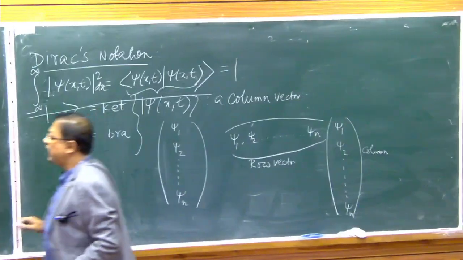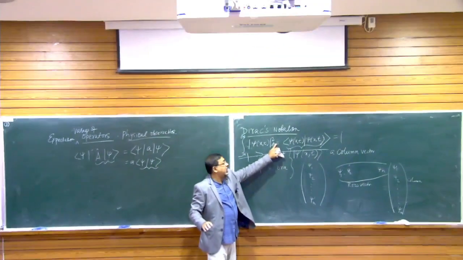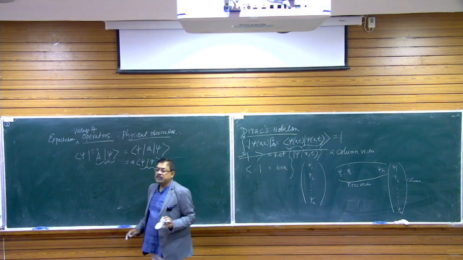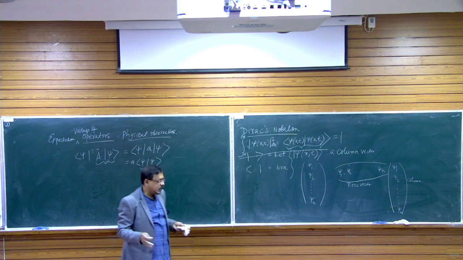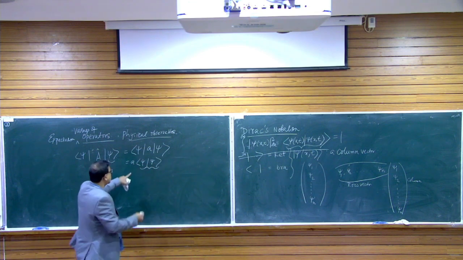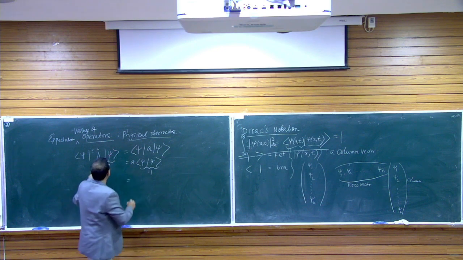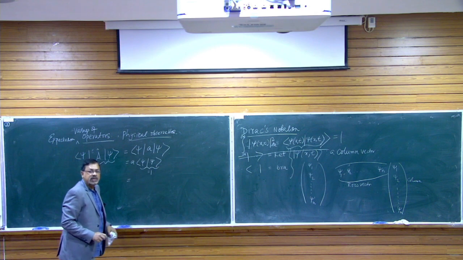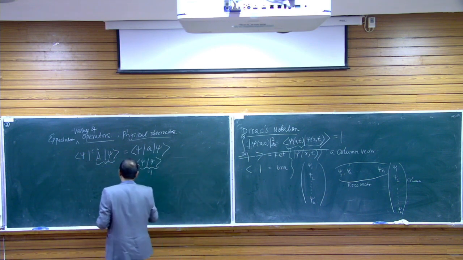That's the normalization: if psi is normalized, then that's equal to 1, and we demand psi to be normalized because the total probability is equal to 1. So this is equal to 1, and hence we get the expectation value of this operator A to be A on this state. But there is something more to this.